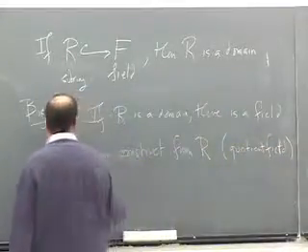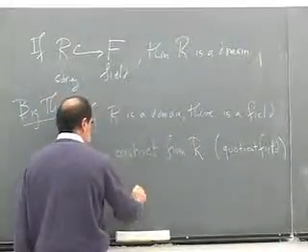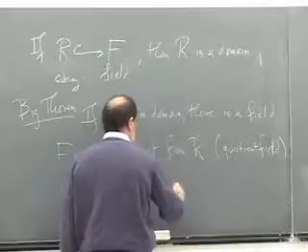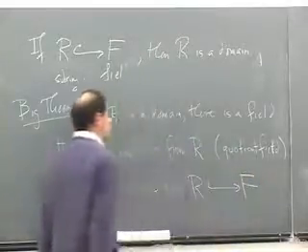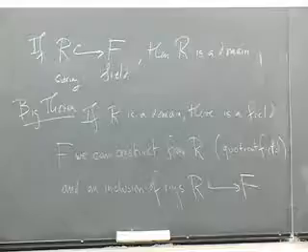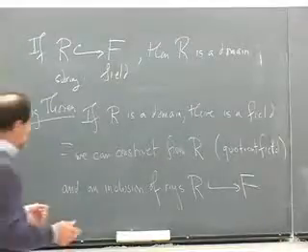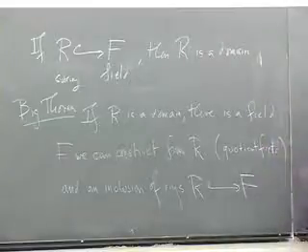And an inclusion of rings R into this field. So associated to any integral domain, there's a field such that the domain is naturally included in the field. And it's the smallest thing that we can get. We'll characterize it by a property at the end.